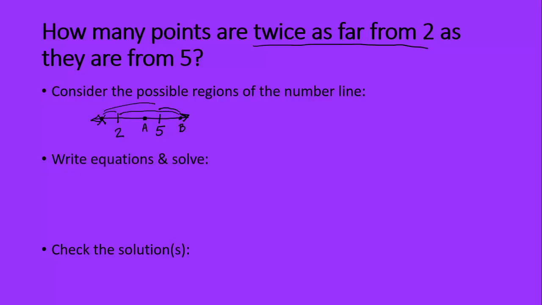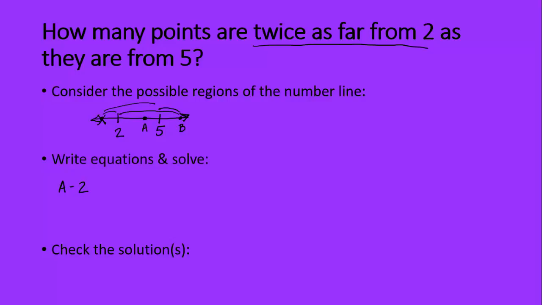For the first one, remember the distance from 2 to A is twice as far as the distance from A to 5. So let's write an equation that says that. The distance from 2 to A has to be written A minus 2, because remember A is greater than 2 in this case.